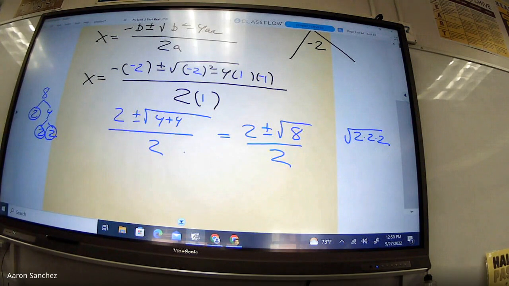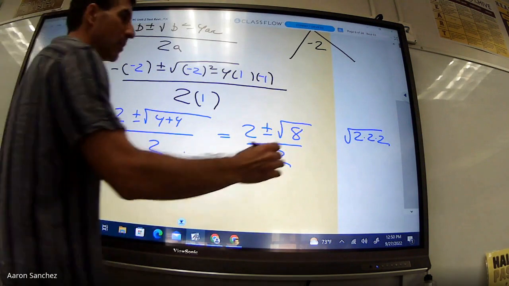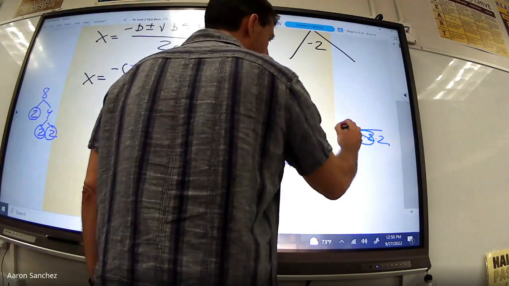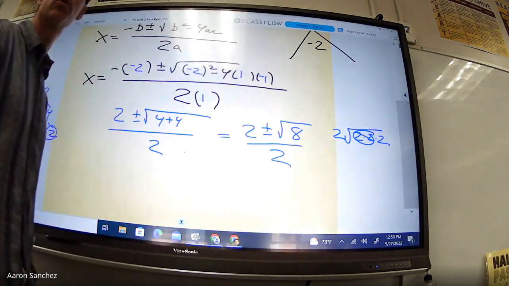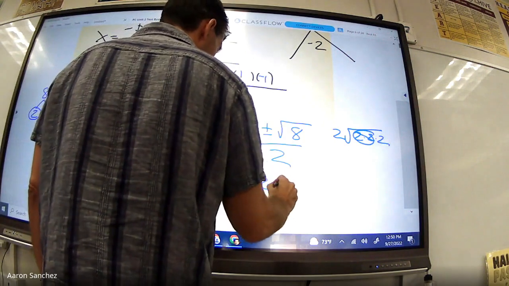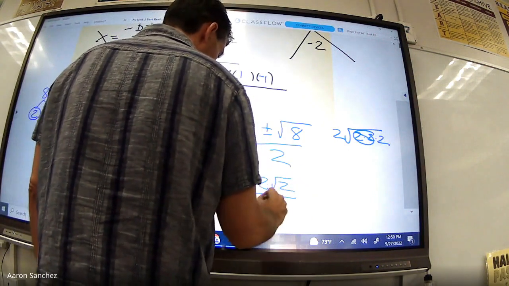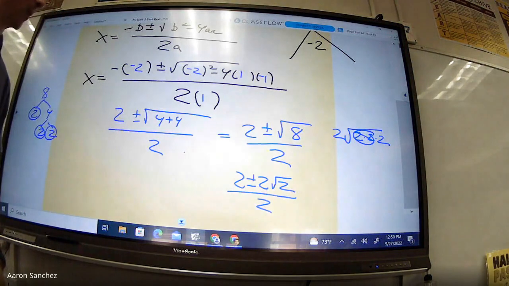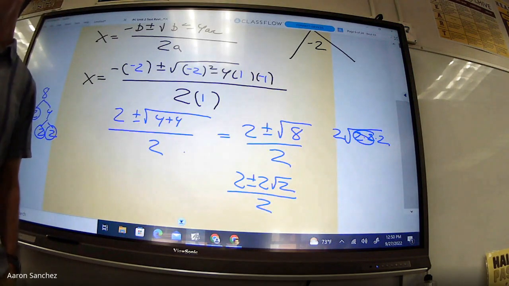Who gets out of jail? Two break out. Yes, one dies. Only one gets out. 2 root 2. So we'll say 2 plus or minus 2 root 2 over 2. They're all divisible by 2, which makes them.